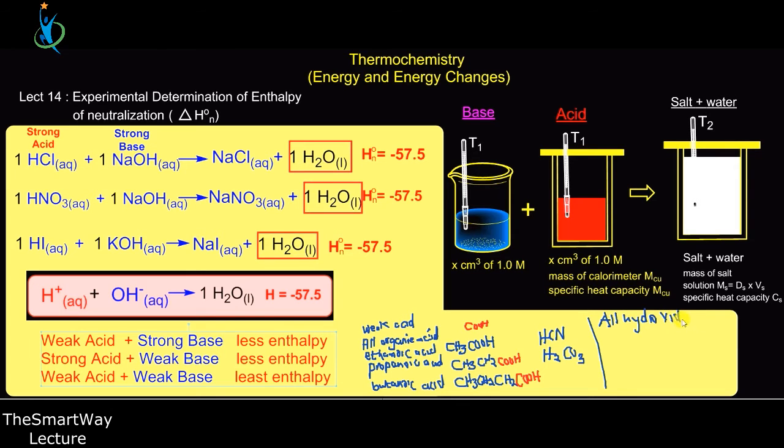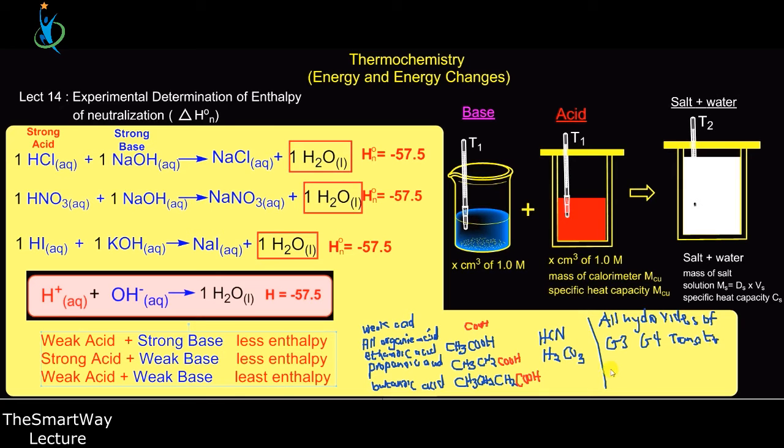Hydroxides of group 3 metals, group 4 metals, and our transition metals.